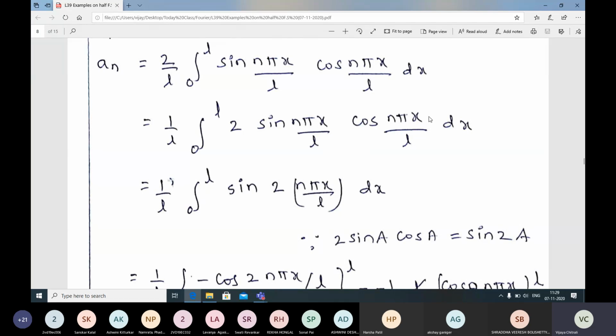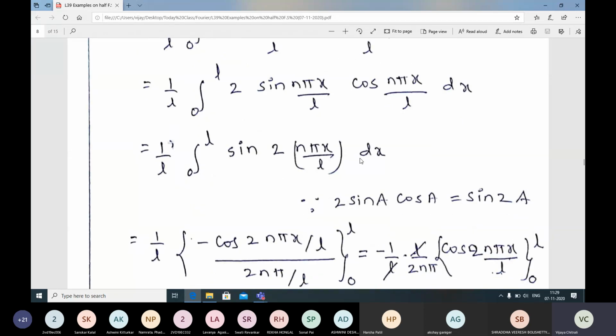This is nothing but sin 2A, where A is n pi x by L. So sin 2 n pi x by L dx. Why? Because we have a standard result, 2 sin A cos A is sin 2A.